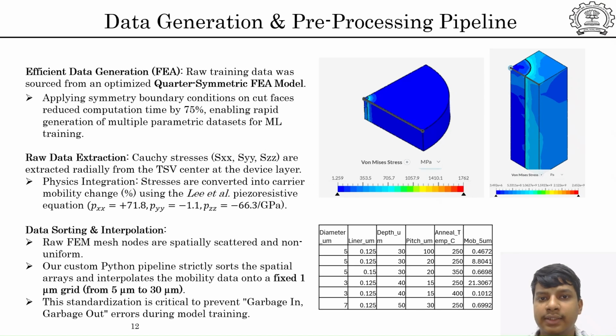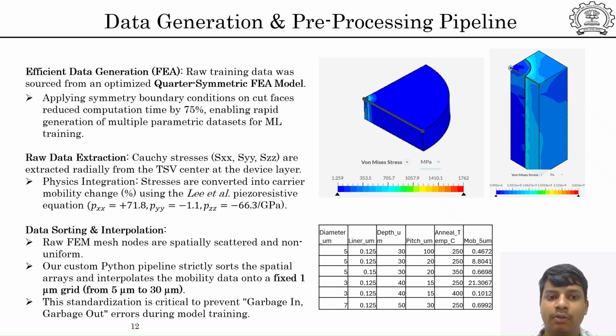For data generation to train our ML model, we created this quarter model. On this quarter model, we can apply symmetrical boundary conditions on these flat faces, so it will save about 75% of computational cost.